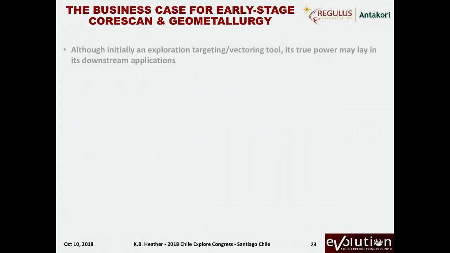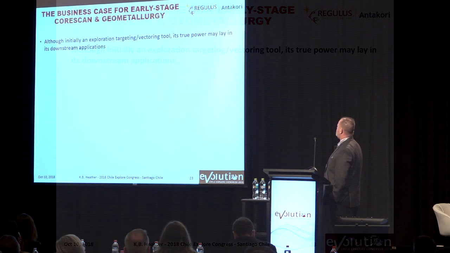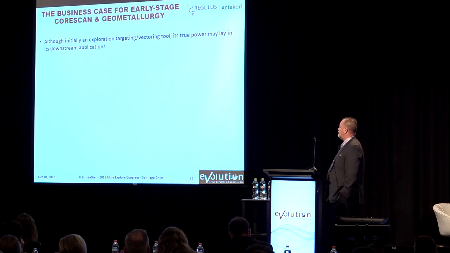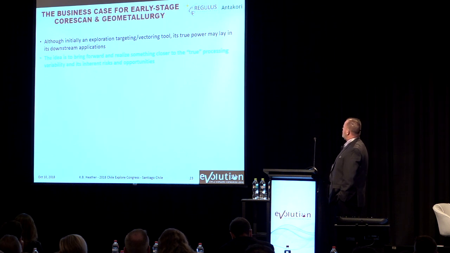Okay. So, although it's initially an exploration targeting vectoring tool, I really do believe that the true power may lay in its downstream applications. The idea for me is to bring forward and realize something closer to a true processing variability and its inherent risk and opportunity.